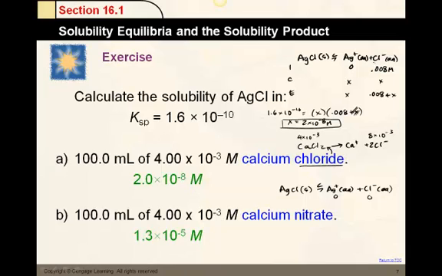The solubility of AgCl is the same as the silver ions, which we said was 1.3 times 10 to the negative 5. That's the biggest number there. 0.008 is significantly bigger than that, so that's why I put 0 in the beginning, because it was such a tiny number. So essentially, the solubility of silver chloride is the same as the silver ions, because calcium nitrate essentially has no effect, because it has no common ion.